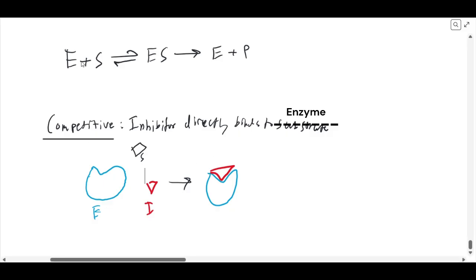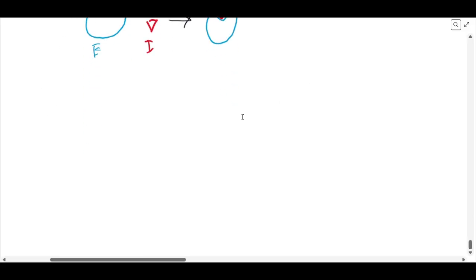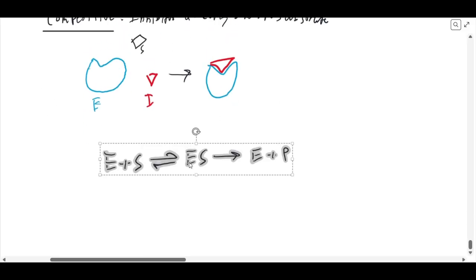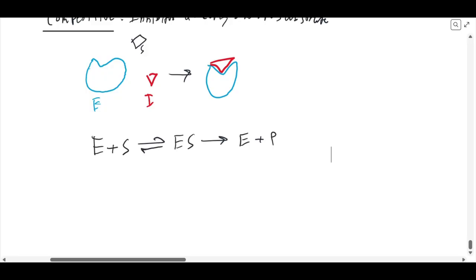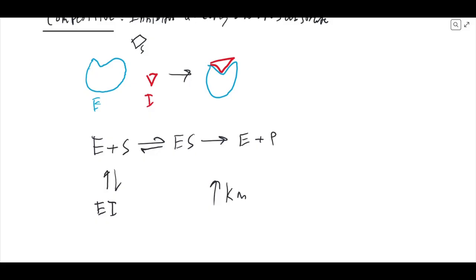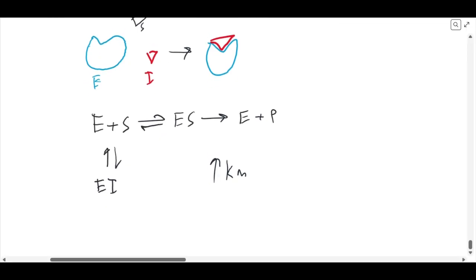And so typically this will look something like this here, where the enzyme is directly with the inhibitor. Because the inhibitor is bound directly to the enzyme, we would have an increase in our Km, because now it's becoming more difficult for the substrate to bind to the active site of the enzyme because of our inhibitor taking that spot.